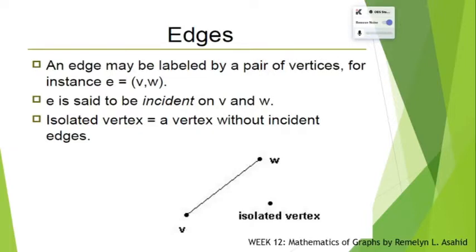So E is said to be incident of V and W. The edge E, this line segment, is formed by connecting two incident points or vertices, which are V and W. Now, we have this isolated vertex. It is a vertex without an incident edge. It's just a vertex, with no partner vertex to create an edge, which is why it is called an isolated vertex. Okay, now let's go with the next slide.